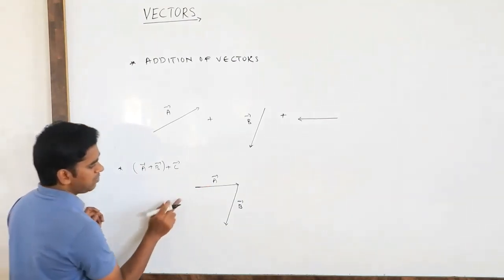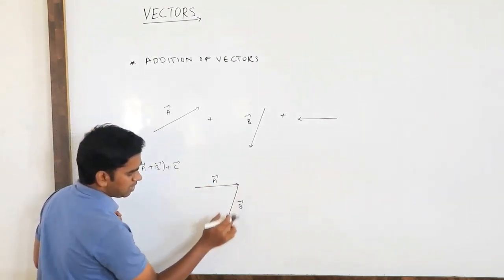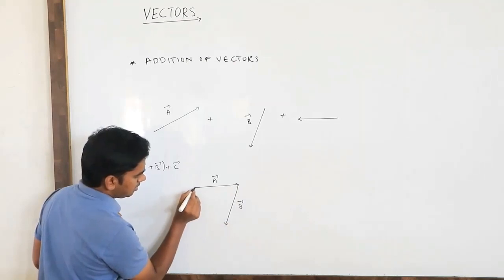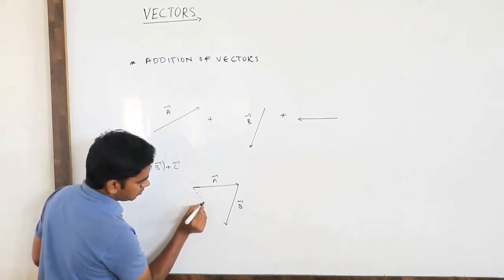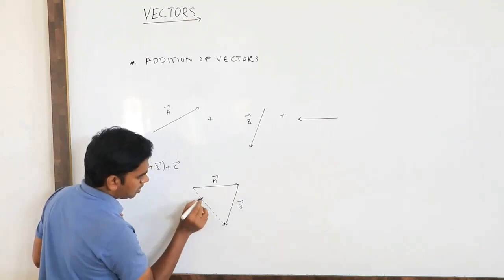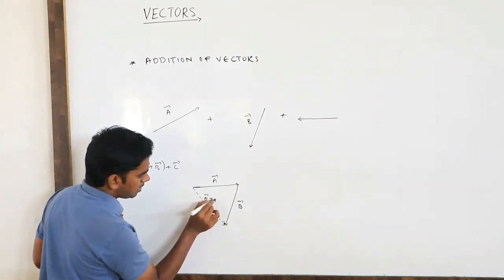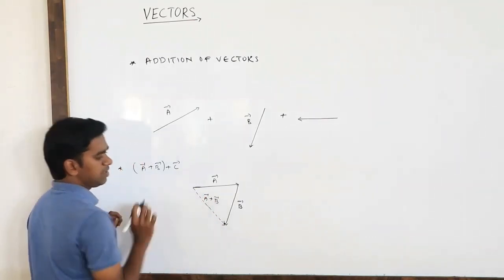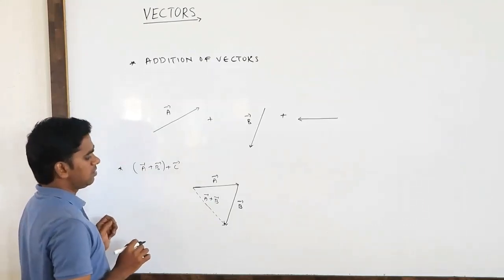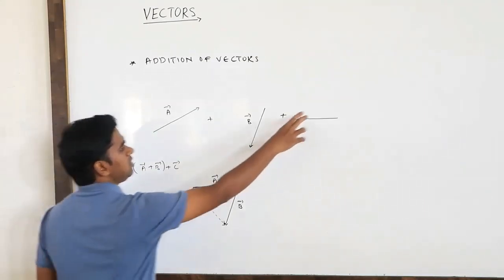So A plus B, where will the resultant be? These two are in the same direction, so the resultant is here. This is nothing but A plus B. Now where is the third vector? Vector C is in this direction.